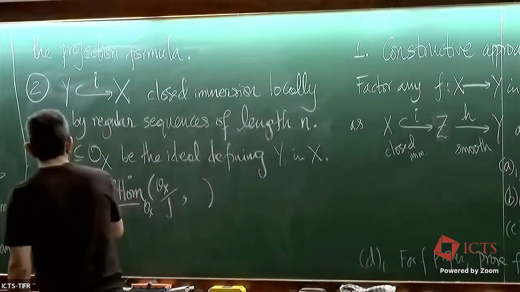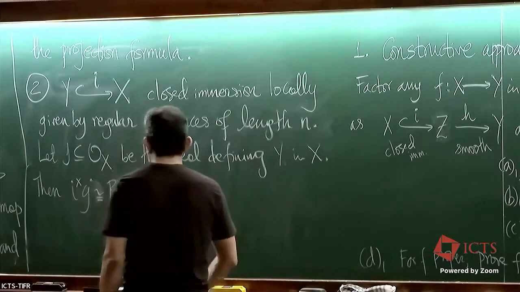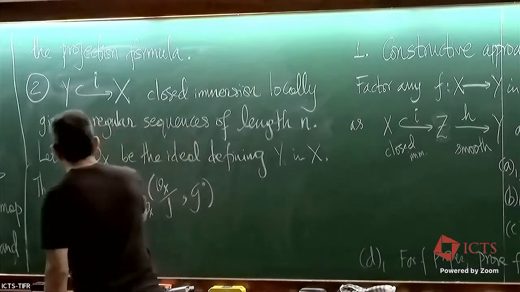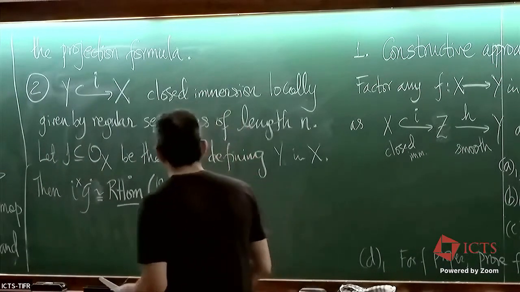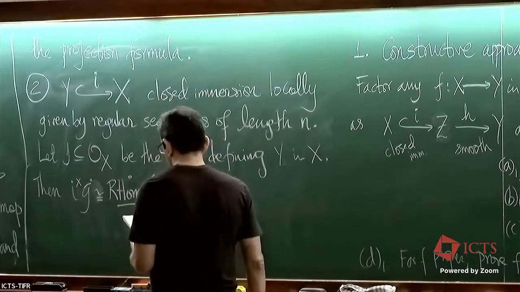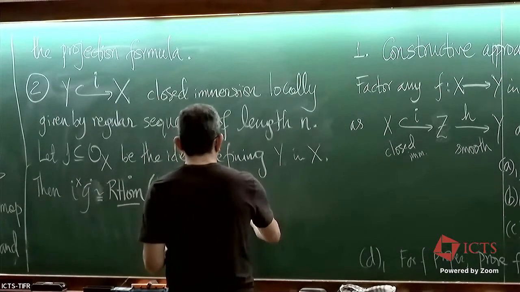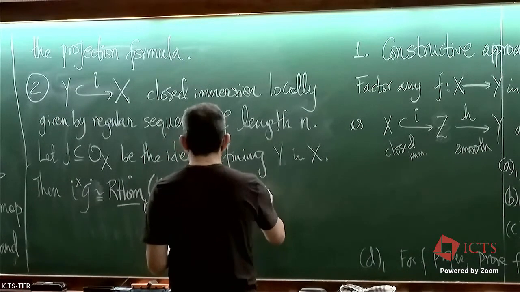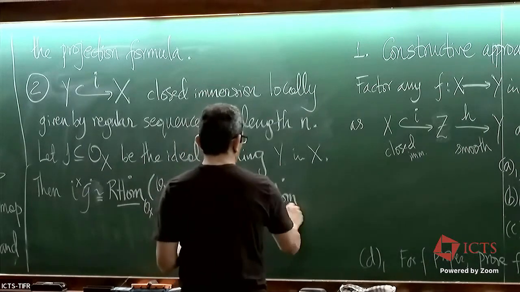G dot, and this is of course restricted to Y. Now you can see this is isomorphic to R Hom dot OX.